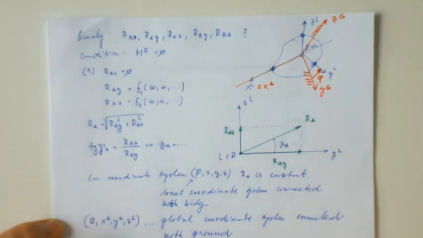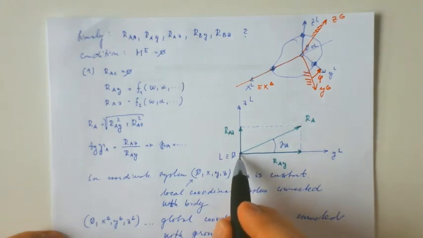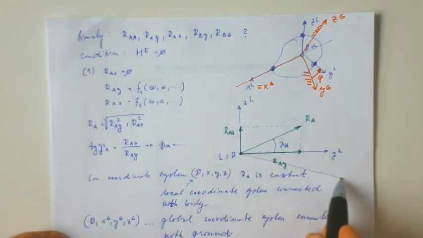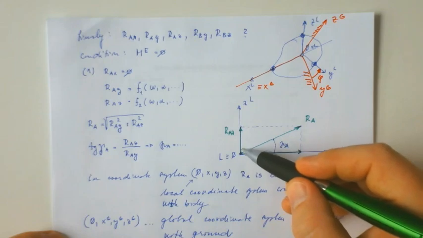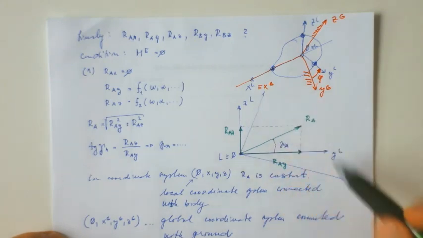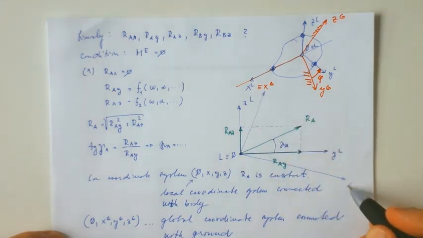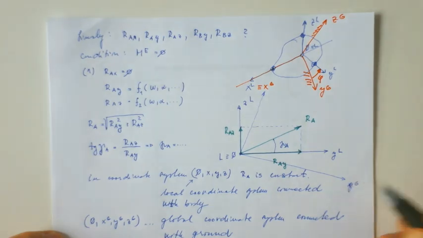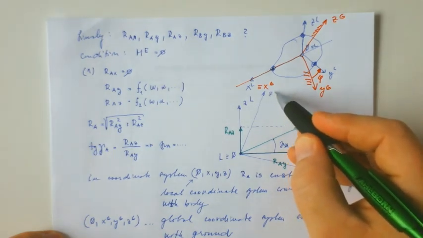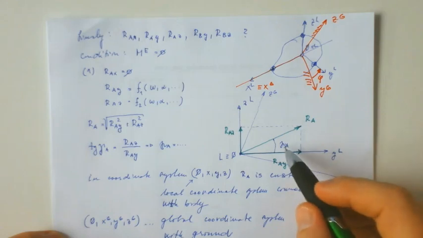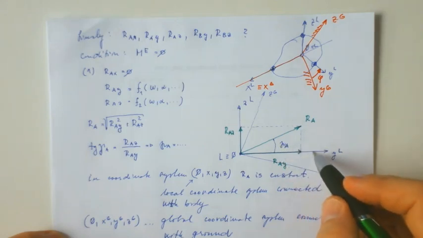So this is our phi. So we can transform this to the global coordinate system. There is yg, zg, while gamma A is constant, then phi is changing with rotation.